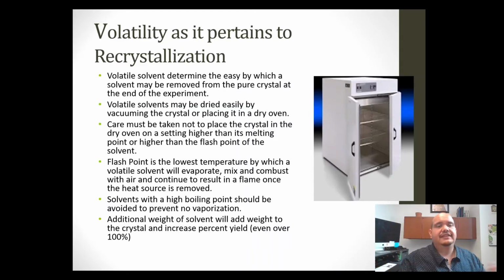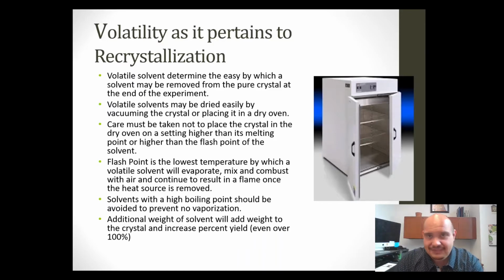And volatility determines the ease by which the solvent can be removed. The more volatile the solvent, the easier it is to take out of the crystal. But again, more is not necessarily better. You want to make sure that the volatility is not so much like acetone, which could boil at a very low temperature on the hot plate and boil all away.